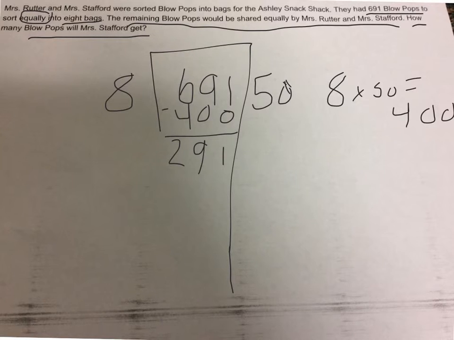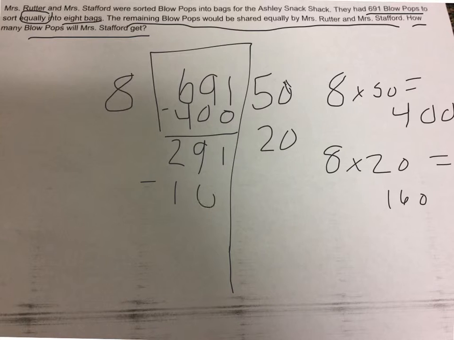So the second problem we're going to do is 8 times 20, which equals 160. And we're going to put that under the 291. And we're going to put 20 on the side again. Which that should equal 131. I know this is kind of sloppy, but you still get the idea.